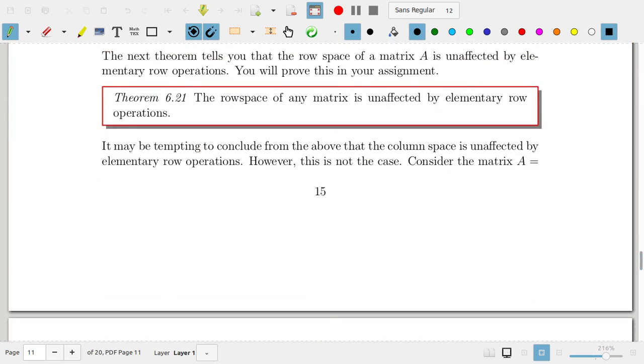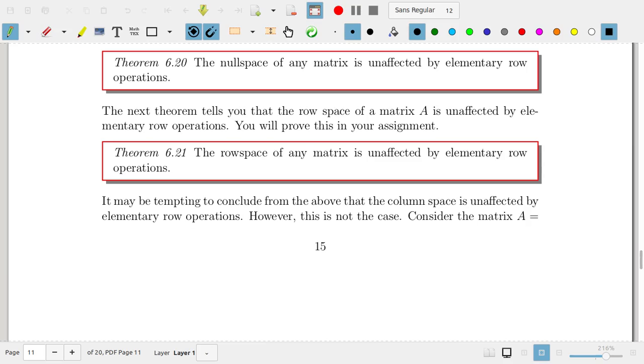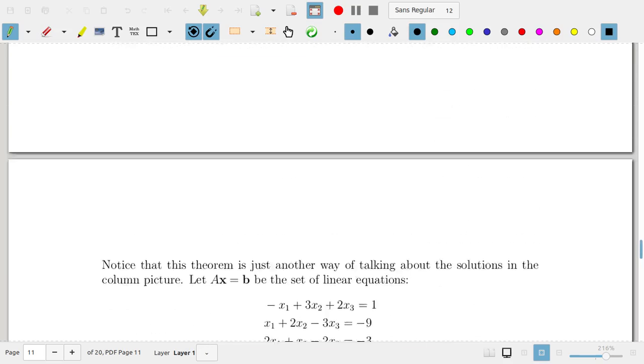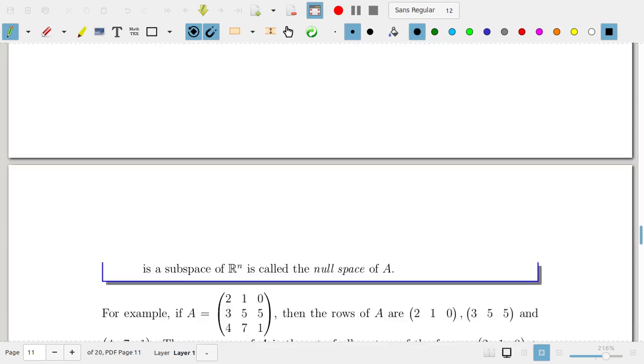Okay, so let's look at row space, column space, and null space.